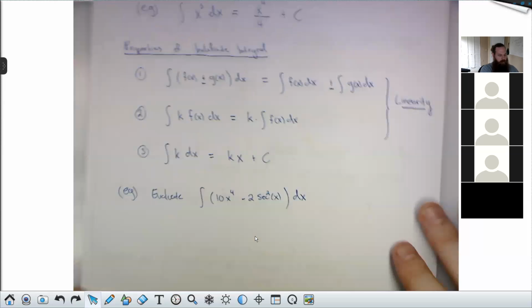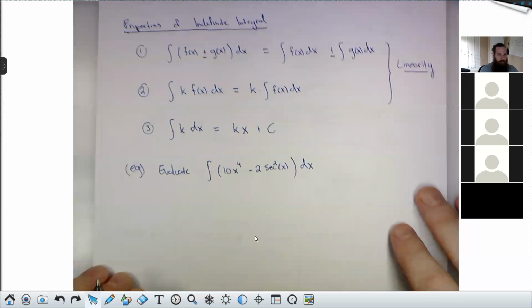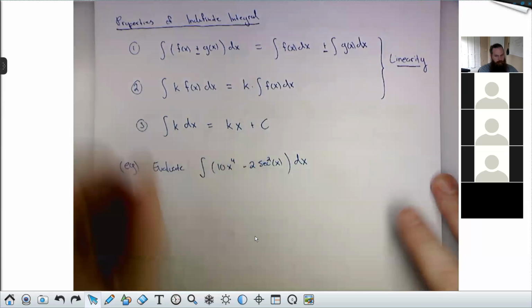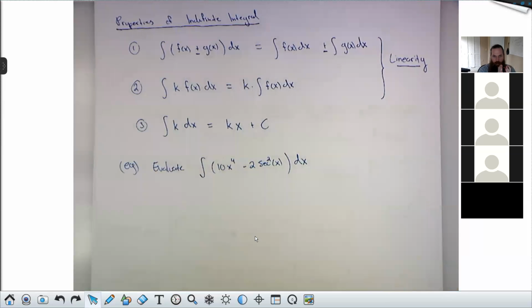How could I get started here? I want to use the information that we have from that table, the antiderivatives that we know, together with these properties. What would be a good first step?